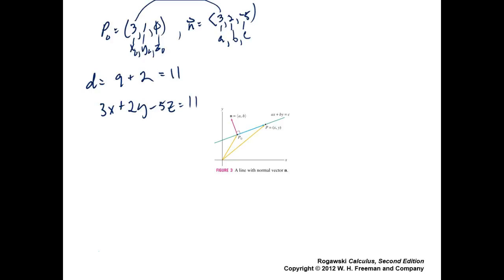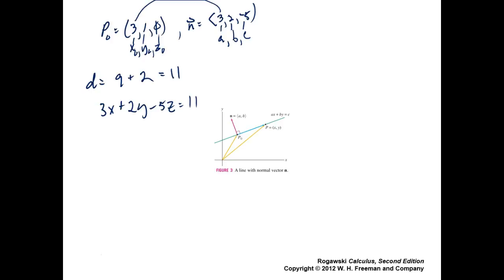Okay. Now, this is part of conceptual insight, I think. Keep in mind that the components of a normal vector are lurking inside the equation for that plane. They're the coefficients. Those are the components for the normal vector. 3, 2, -5, if I get the -5 right.